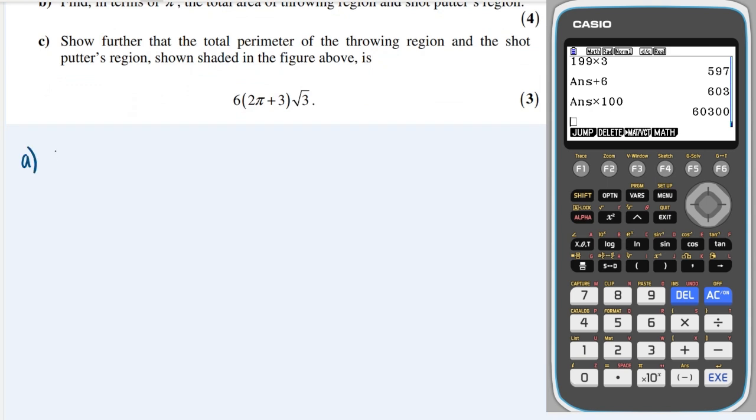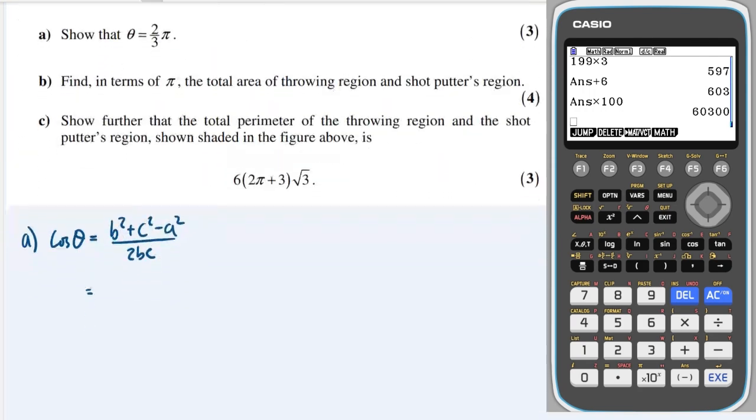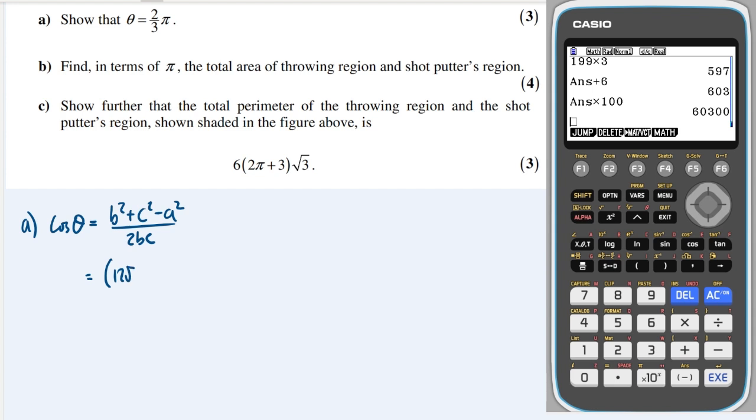Okay, so we know that cosine theta is equal to b squared plus c squared minus a squared over 2bc, and b squared was 12 root 3, so 12 root 3 squared plus the other side was also 12 root 3 minus a, which was 36, all over 2 times 12 root 3, 12 root 3.